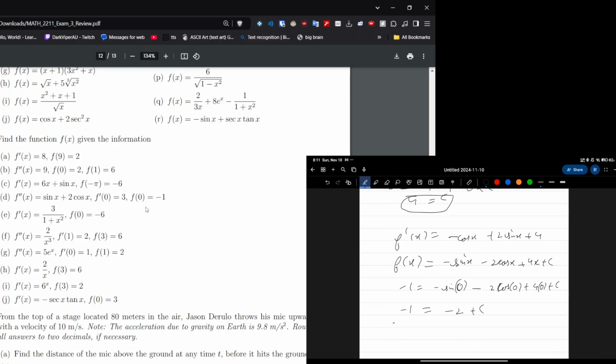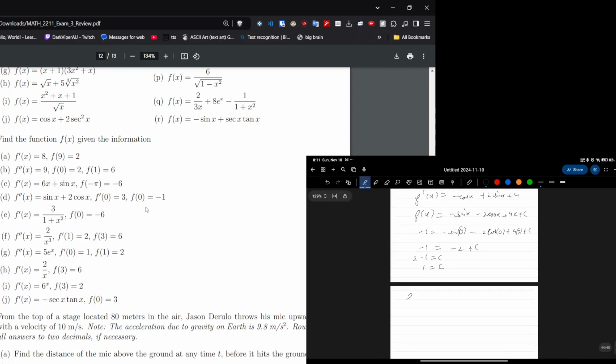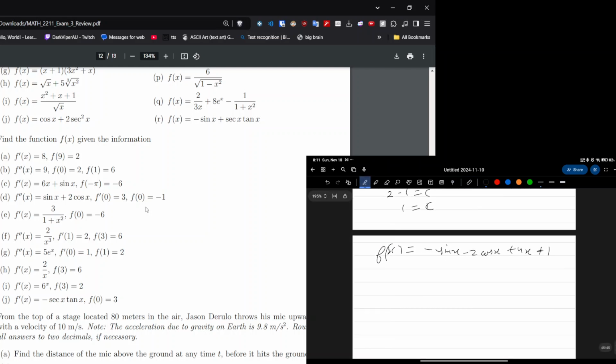This becomes 2 minus 1 equals c, so c equals 1. So I'm left with my final equation as negative sine x minus 2 cos x plus 4x plus 1. Alright, this is my final answer.